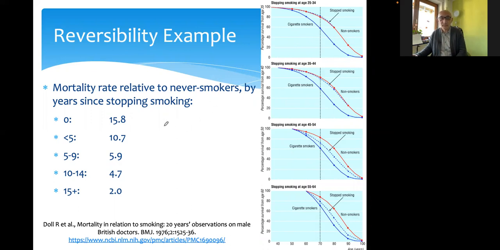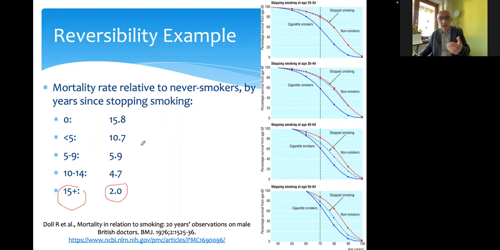Look, mortality rate relative to never smokers by years since stopping smoking. At 0, the mortality rate is 15.8. At 5 years, 10. 9 years, 5.9. 10 to 14 years, 4 points. As you see, if somebody quit smoking 15 years before, his risk is decreasing to 2. So there is a reversibility.